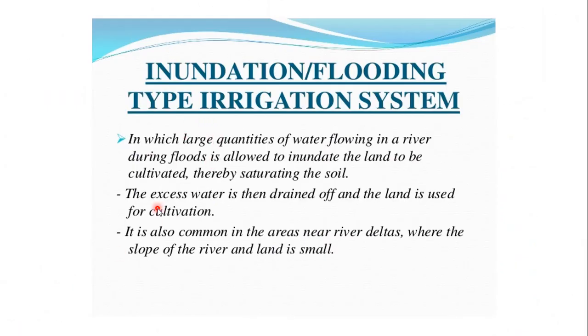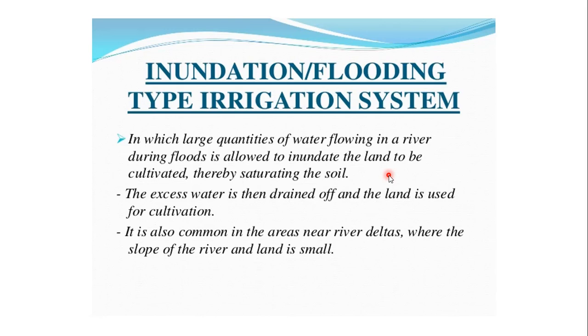The next form of irrigation is inundation, or it is also called flooding type of irrigation system. Okay, now this is very simple, children. Actually, it is nothing but in a river during the flood time, if the river water overflows more than its capacity, when it overflows, it flows into a direction where it finds its own pathway.